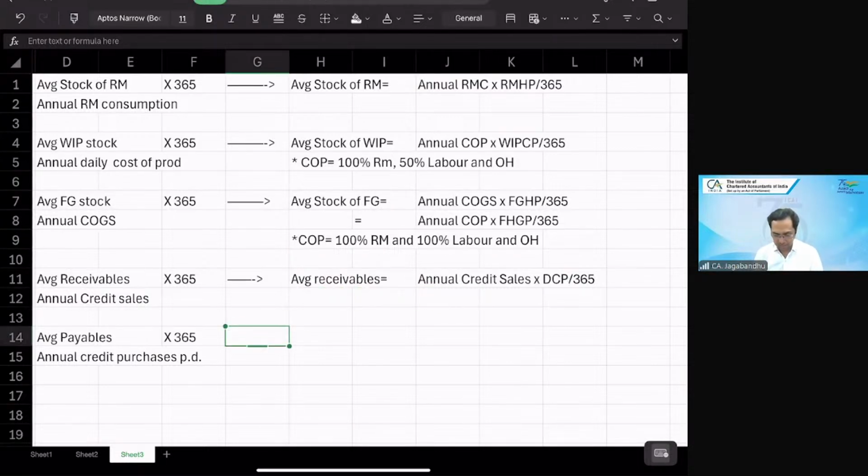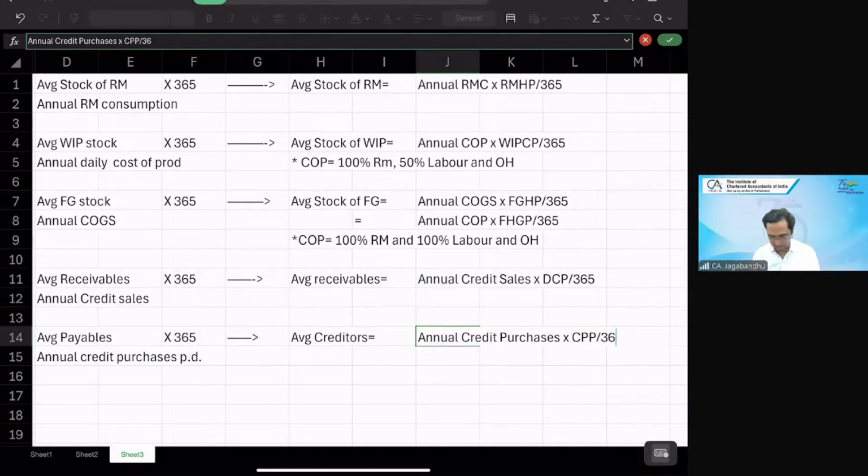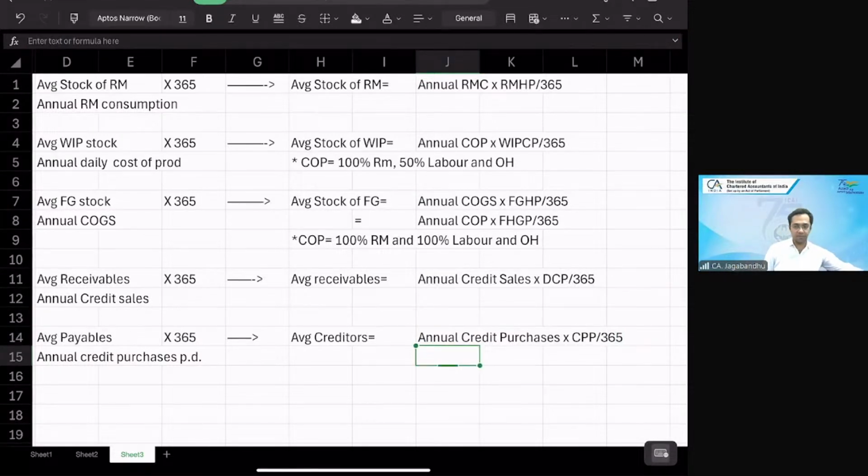And similarly, the average creditors will be annual credit purchases multiplied by creditors payment period divided by 365, right?